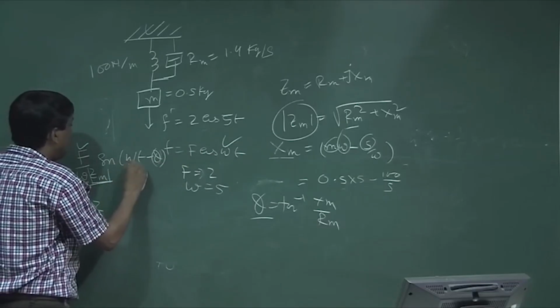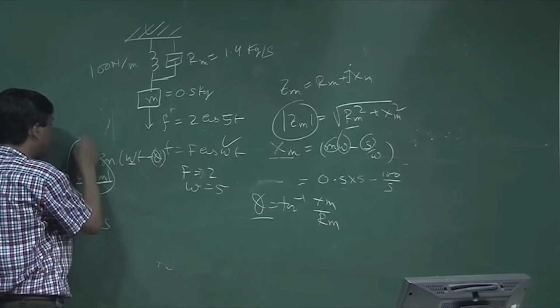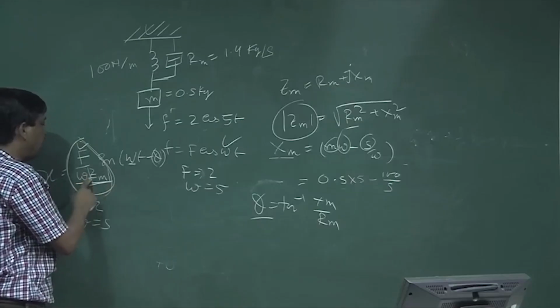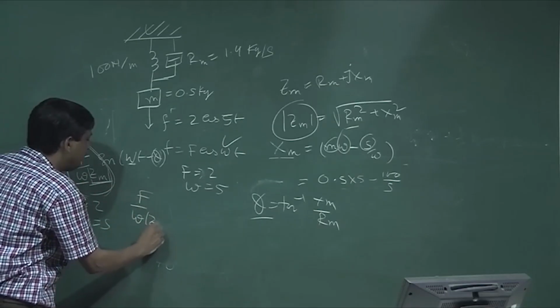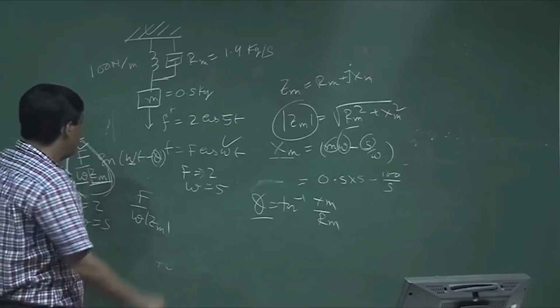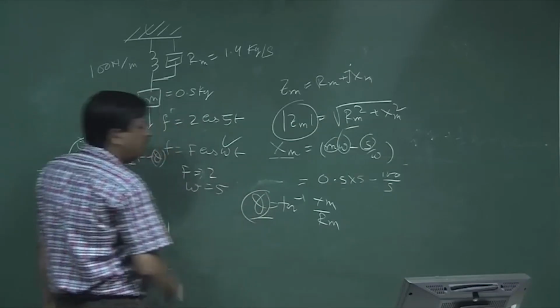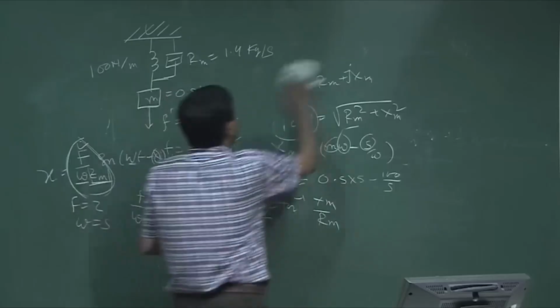The speed amplitude is F by omega mod Zm. Now phi I can calculate easily.